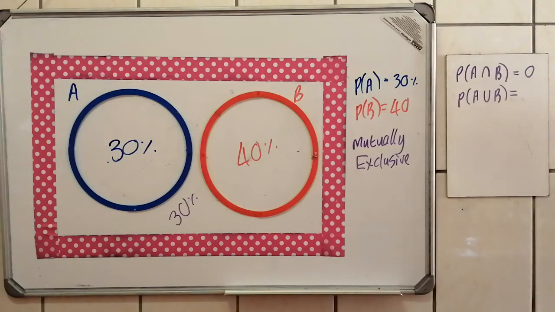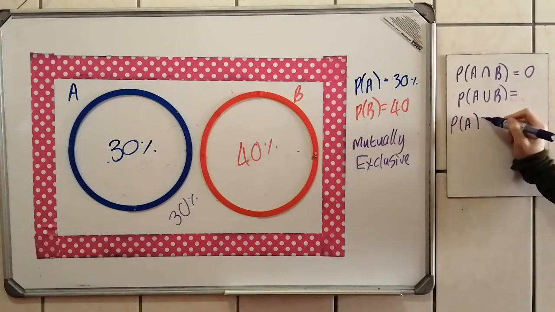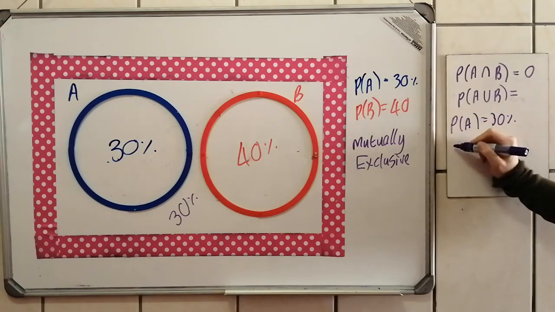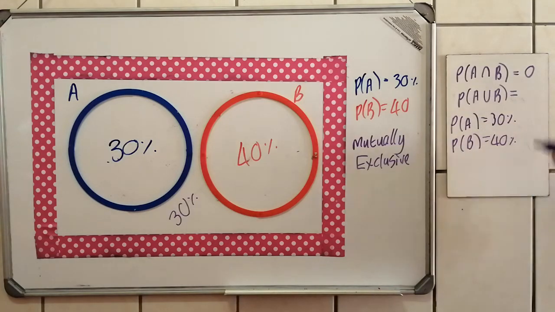The union is everything they have in total minus the intersection because I can't count the intersection twice. So everything they have in total, the probability of A, which is 30%, and the probability of B, which is 40%. They don't have an intersection, so the probability of A or B is these things in total, their union, they're coming together, and that leaves me with 70%.